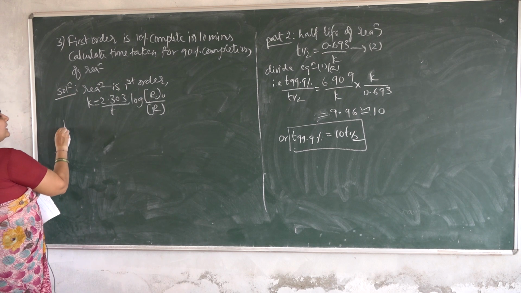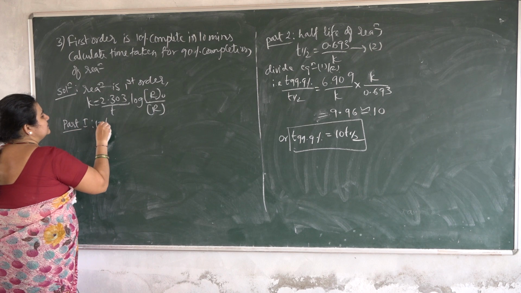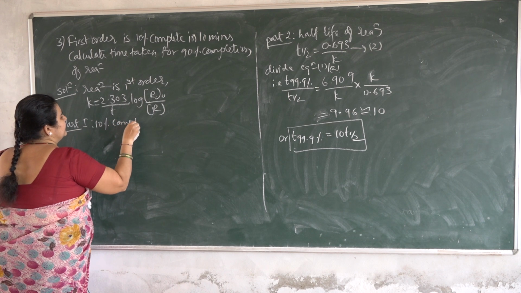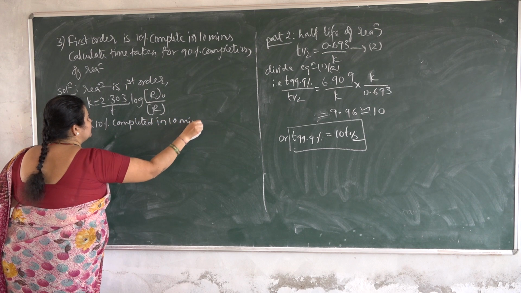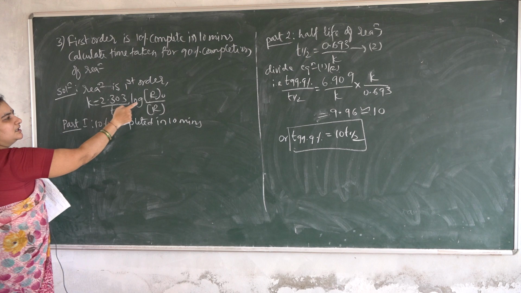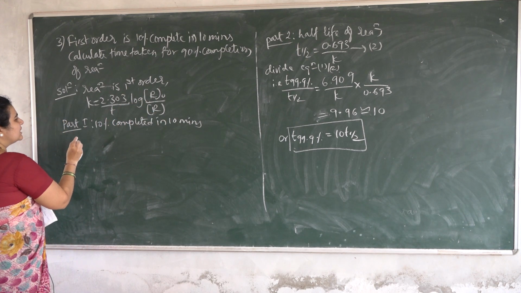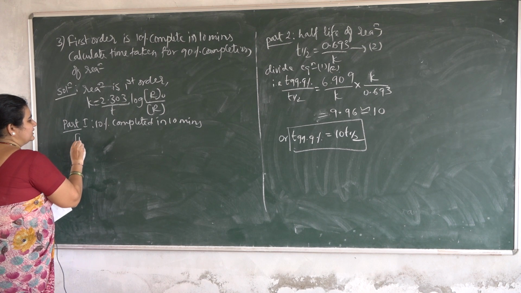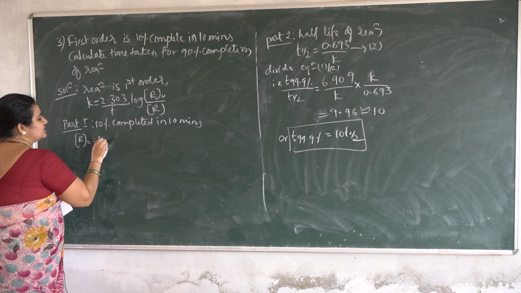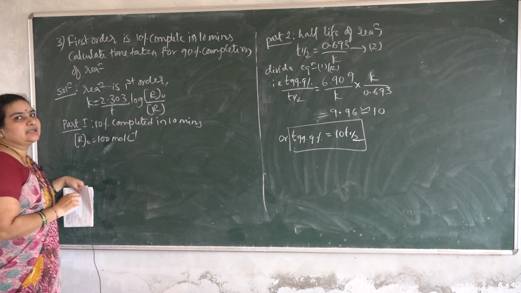So now part 1. 10% completed in 10 minutes. For this statement, write the concentration R0, then R, then T. Therefore, initial concentration is equal to 100 moles per liter. Why is it 100 moles per liter?